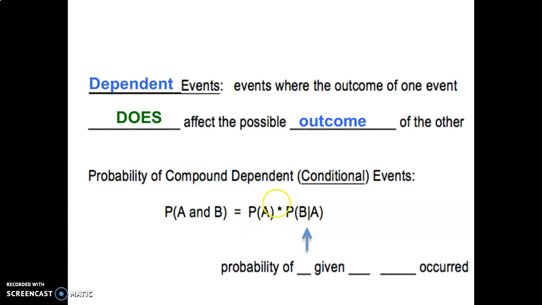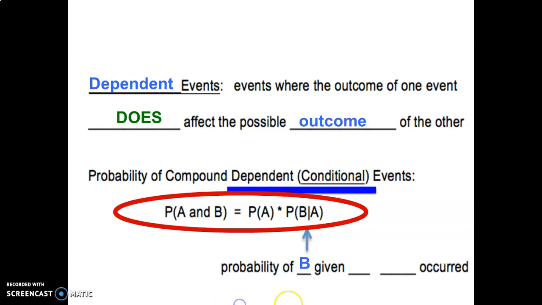With my example, if it was sunny, then the probability I would wear a hat changes compared to if it's cold. So that's what that means: the probability of B, given that A has occurred. A happens or doesn't happen, and it changes the probabilities here.